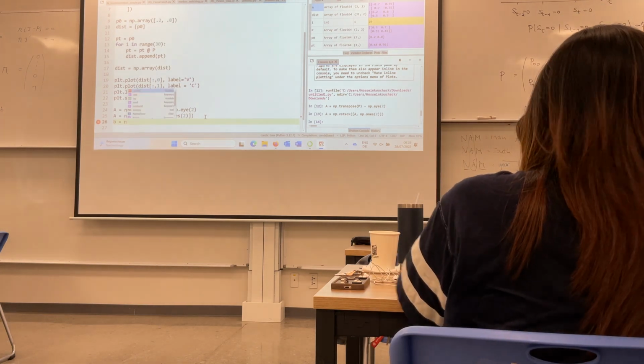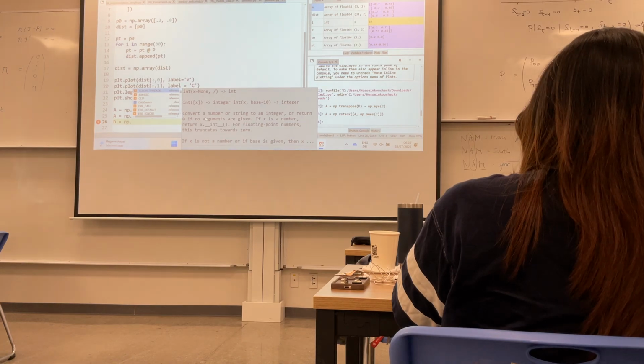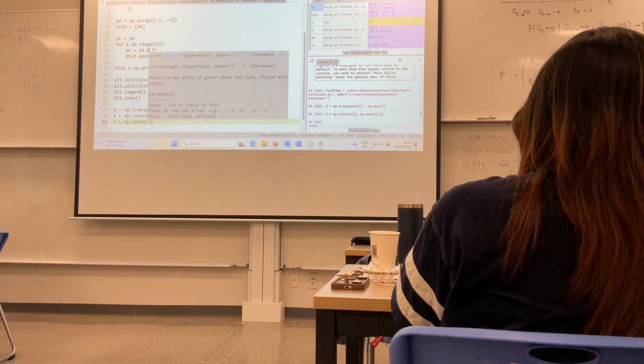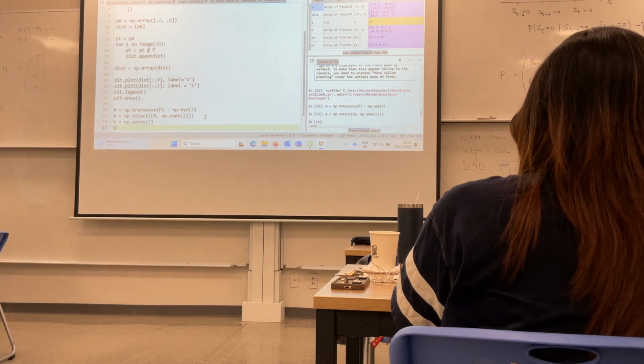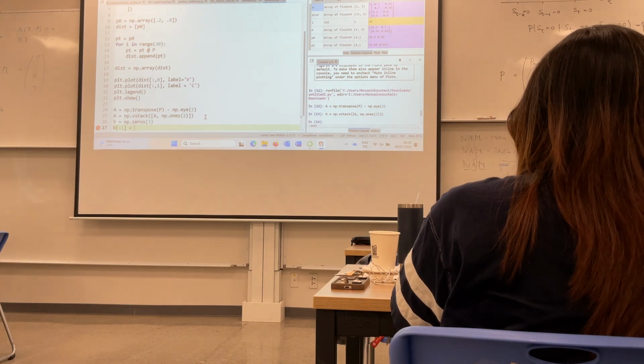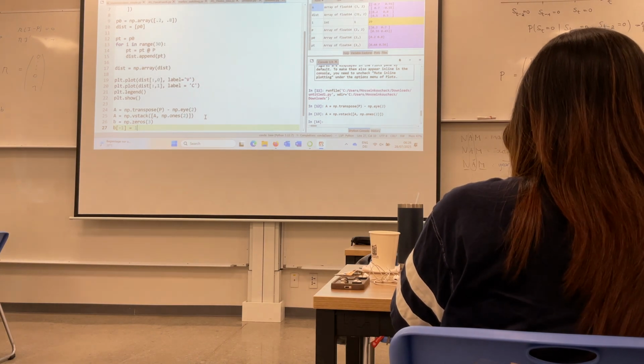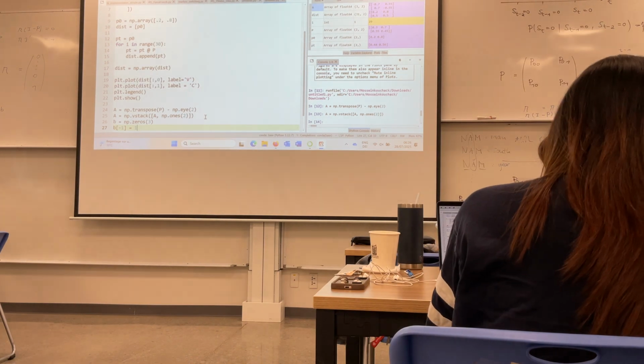So here I will have a numpy of zeros of dimension 3, but the last element I will set to 1. Alright, so that is what we have. Good? And now this you know how to solve, right?